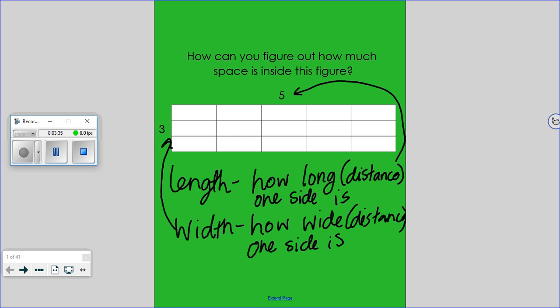All right. So now that we have some language, how do you think I'm going to figure out how much space is inside this figure? What could I do? William, what do you think I could do? I'm going to count all those blocks, right? 100%.